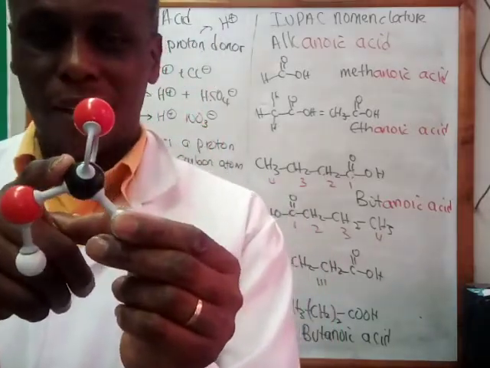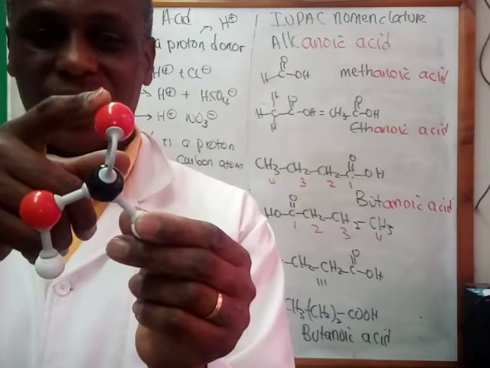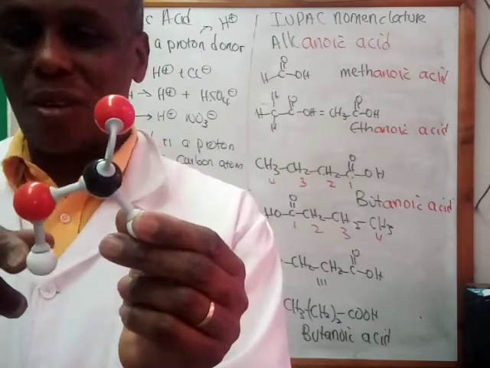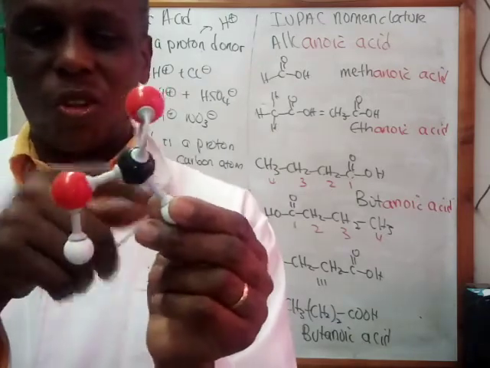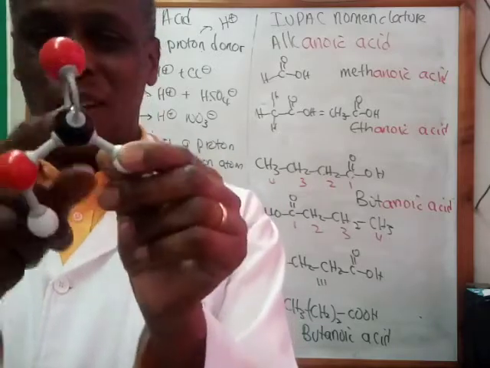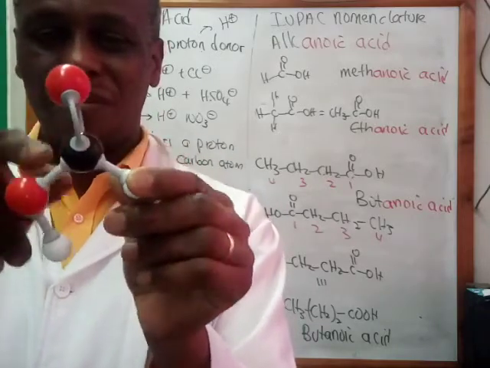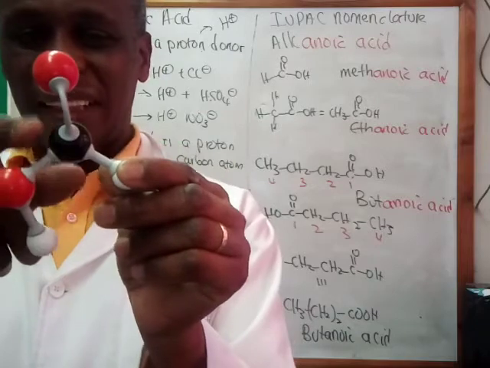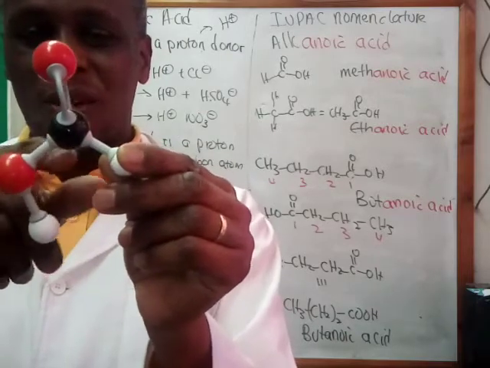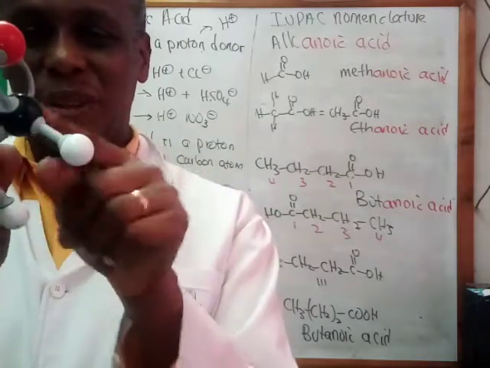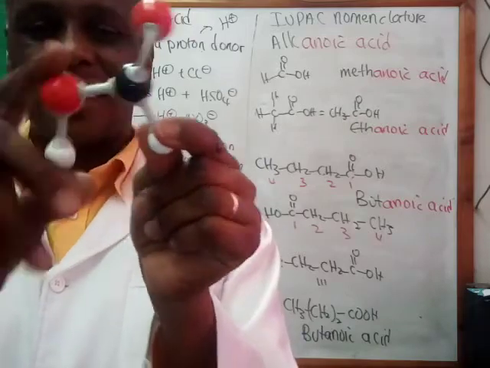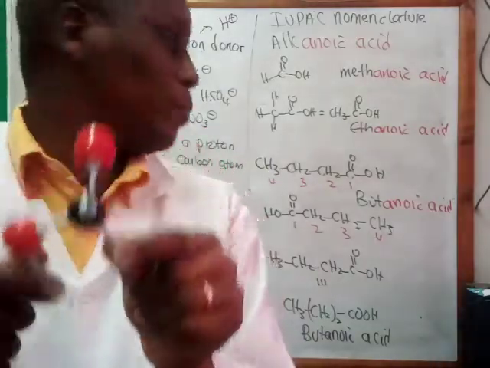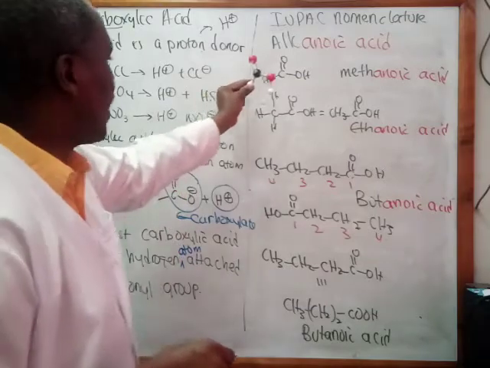Black, carbon; red, oxygen; white, hydrogen. In this carbonyl group, carbon-oxygen double bond, the bond angles are 120 degrees. I've got a hydrogen attached to the carbonyl group, and then here this is my OH group.